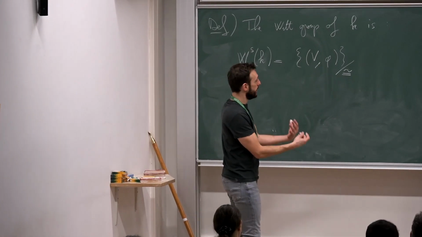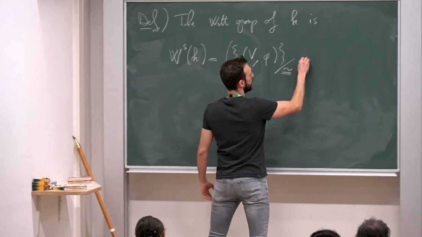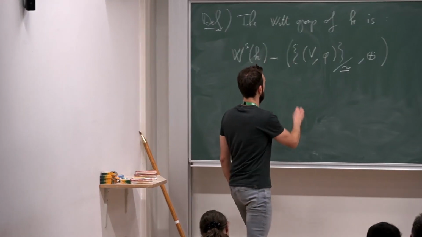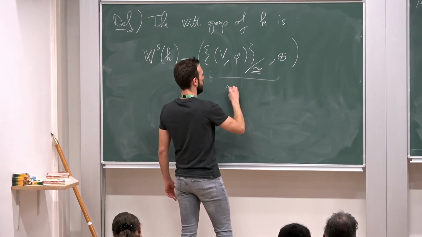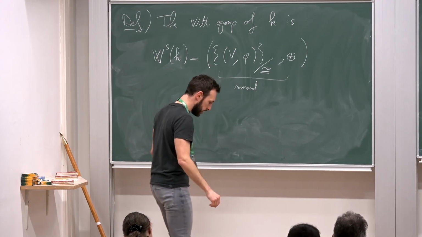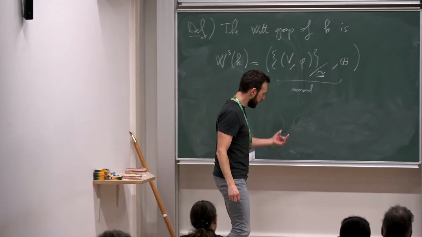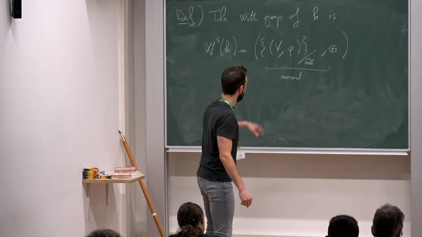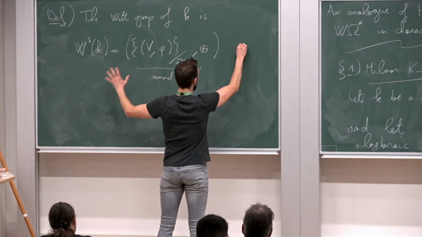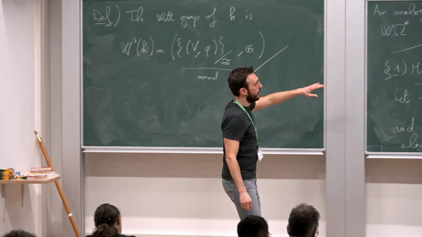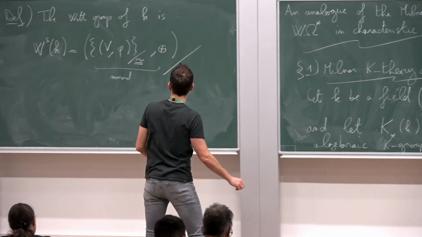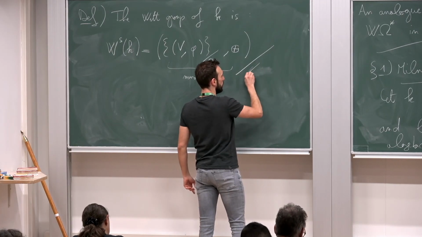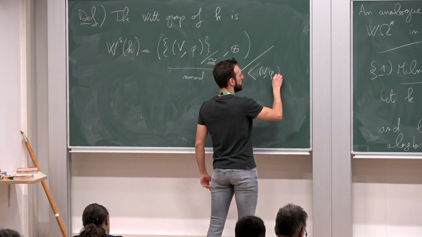And then you can take direct sums of forms. So this gives you a monoid. And it looks a bit like if you did algebraic K-theory. So if you were doing algebraic K-theory, you would take the group completion of this monoid. But we're not going to do that. Instead, we're going to take this monoid and quotient it by the Lagrangian relation. So we quotient by the submonoid generated by those forms which admit a Lagrangian.